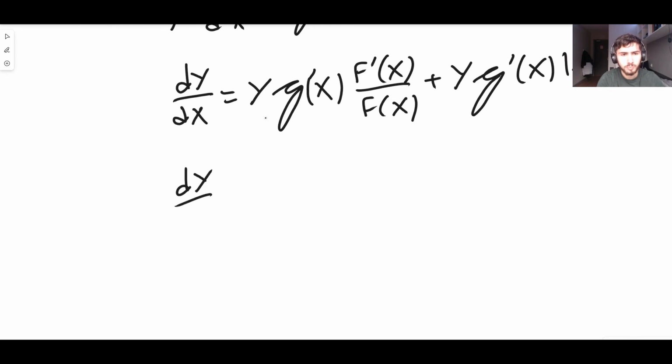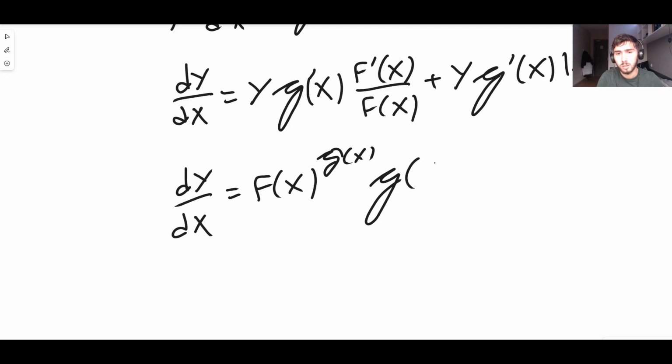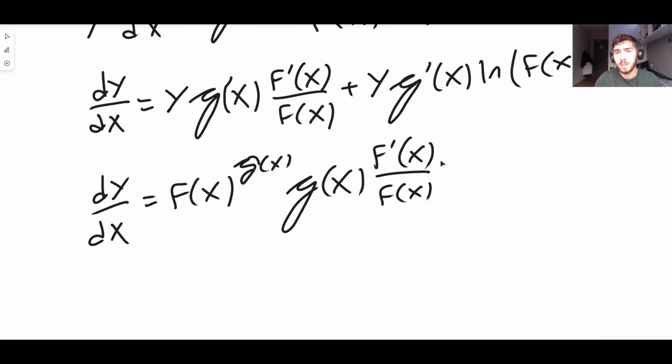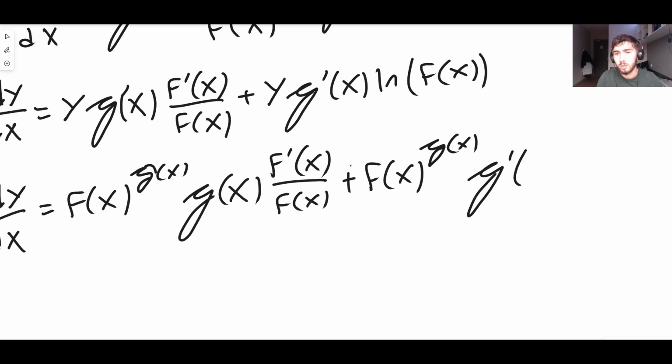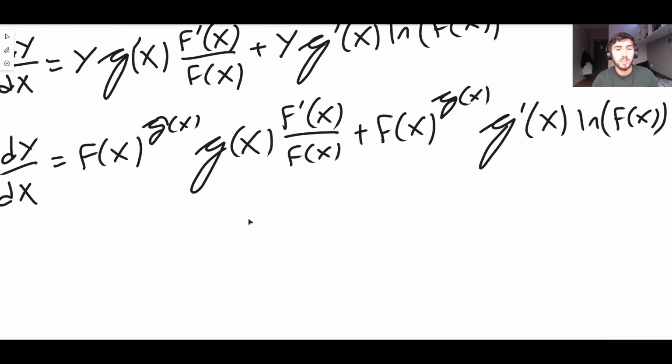So what we get is dy dx is equal to y, which is f of x to the power of g of x, times g of x times f prime of x over f of x, plus the next term, which is going to be y, which again we've already said is f of x to the power of g of x, times g prime of x times the natural log of f of x. Amazing. And from here, you can say that you are done.